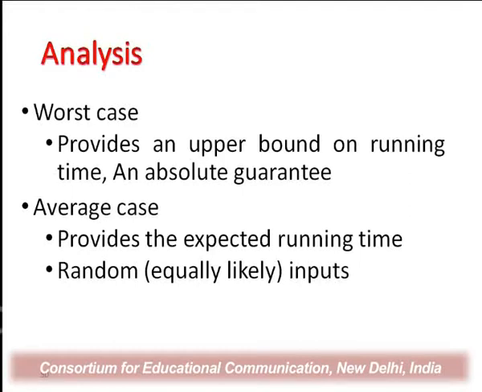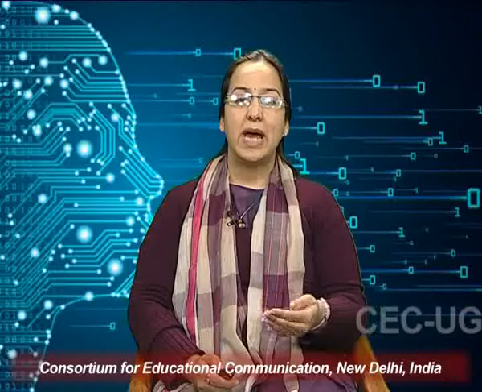From a practical analysis point of view, we can say the worst case provides an upper bound on running time, which is an absolute guarantee. The average case depends upon the expected running time; as I already told you, probability is involved, and it relies on random, equally likely inputs.